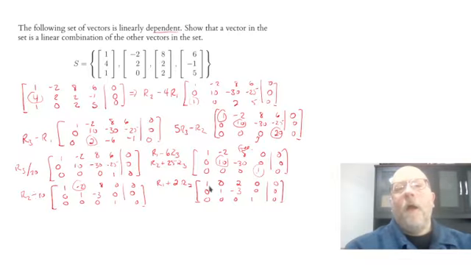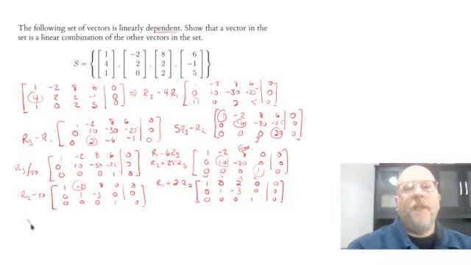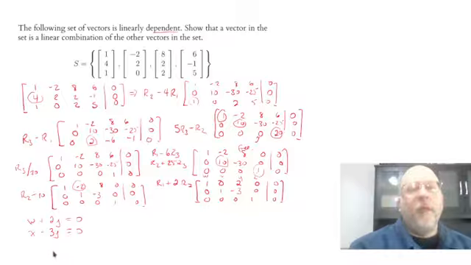Since we have 4 variables, if we call them w, x, y, and z, these equations say that w plus 2y is equal to 0, and x minus 3y is equal to 0, and z is equal to 0.